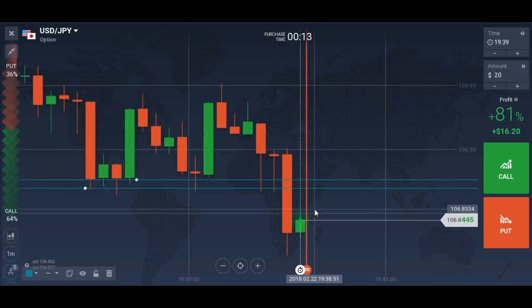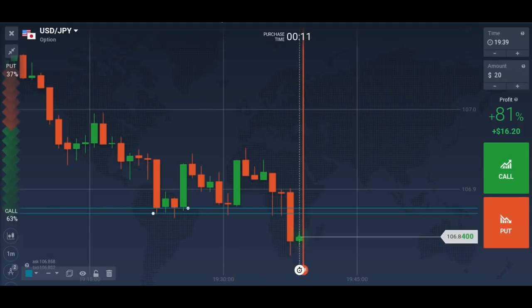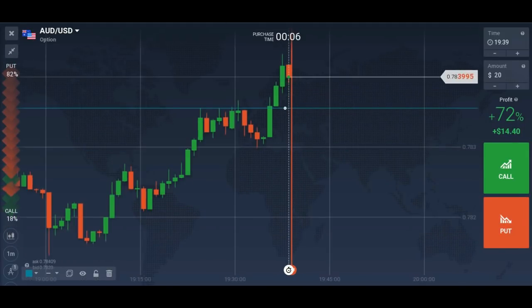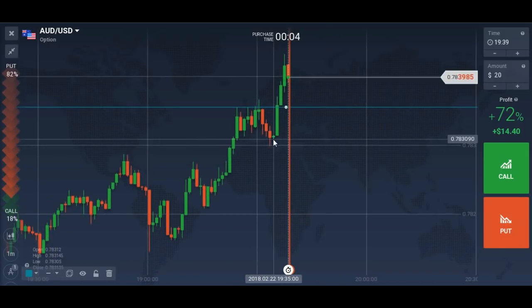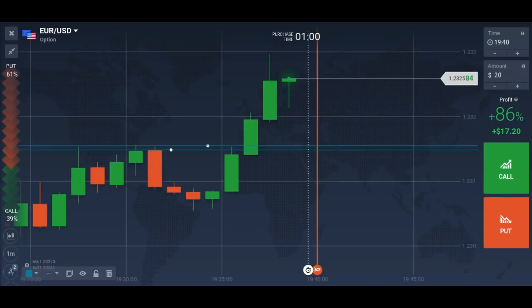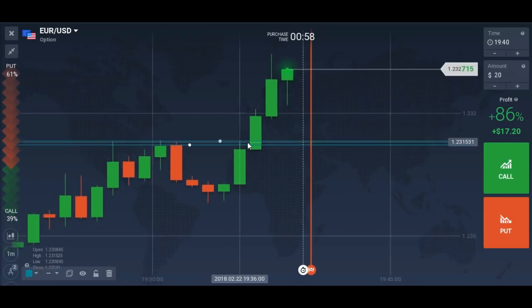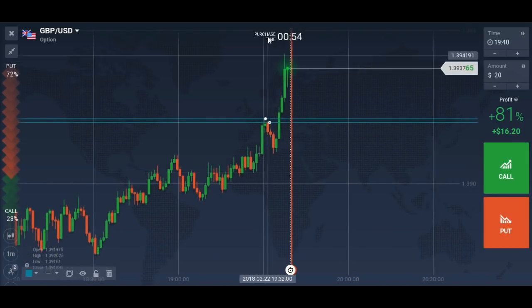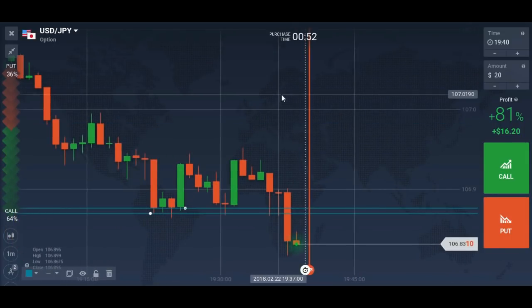We need to wait in here, in here, and in here. I'm switching charts so that I can take a trade. Otherwise we can miss a trade if we stay with one chart.